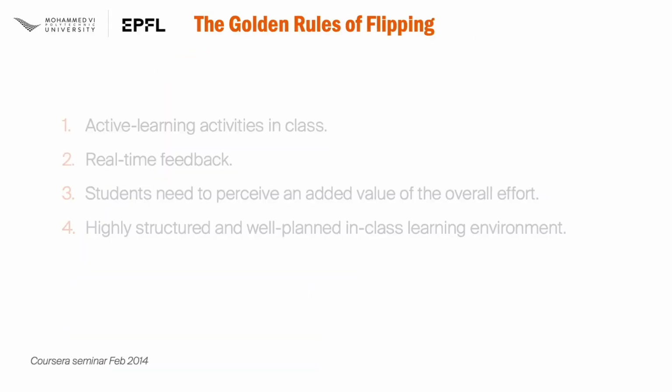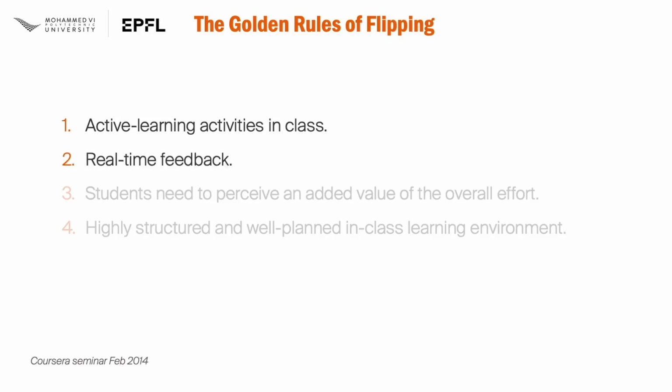If you wish to organize your course or part of it in a flipped classroom configuration, there are a few basic rules to follow. Active learning activities need to be organized in class. Quizzes and problem-solving exercises force students to retrieve, apply, and deepen the material learned outside the classroom.